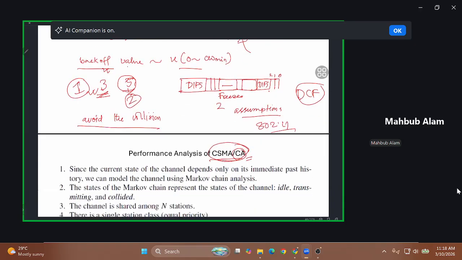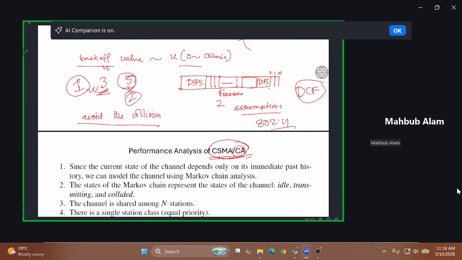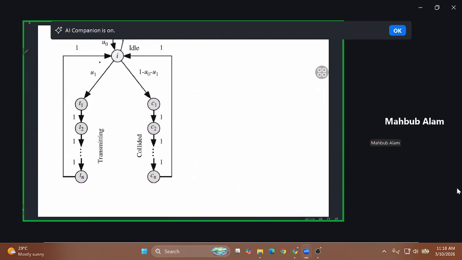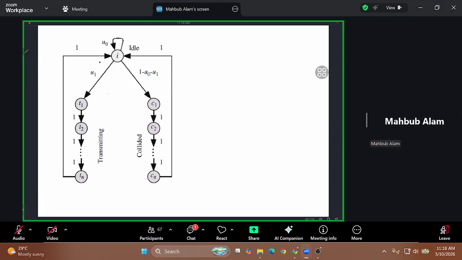Let us first see how it can be modeled like the CSMA/CD. We will directly jump into this. Same as the CSMA/CD, this part.